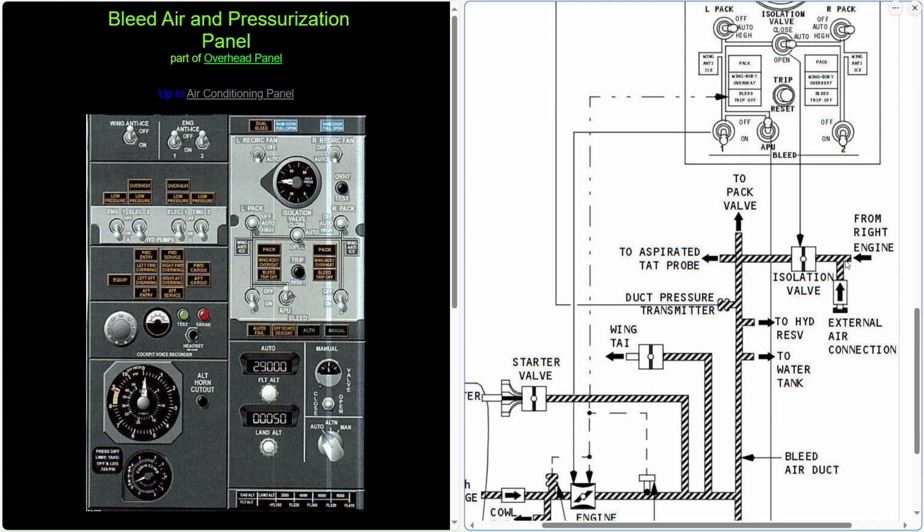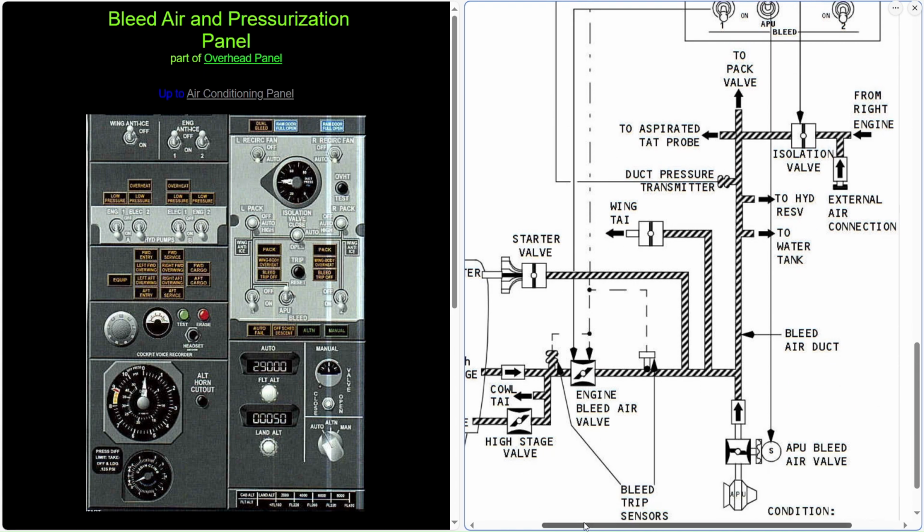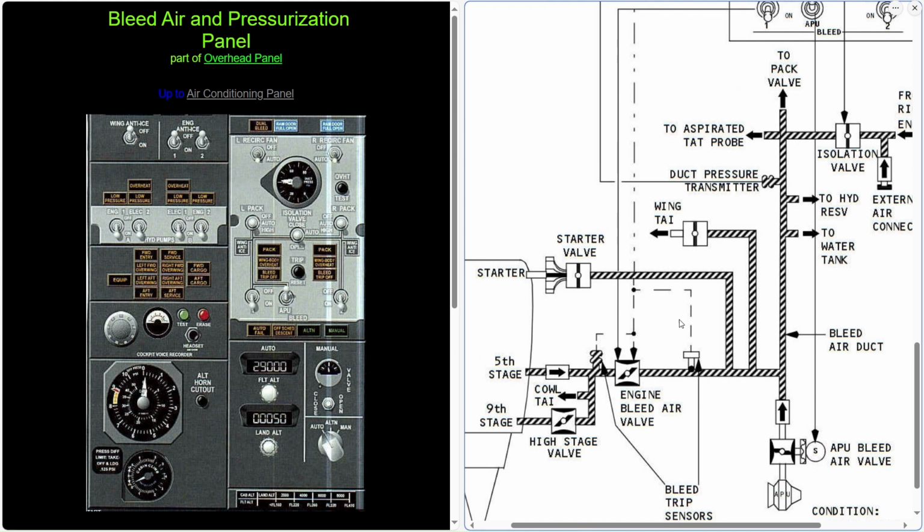So think of this as flipped over. So if the right engine was running, all of this would be all of the 5th stage air and 9th stage air would be coming over to run the start valve on the engine that wasn't operating to get it started.